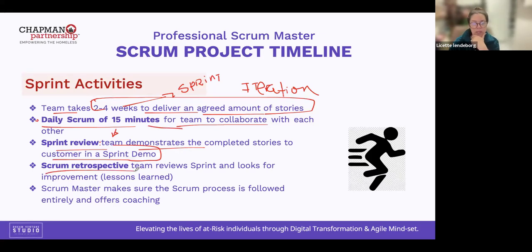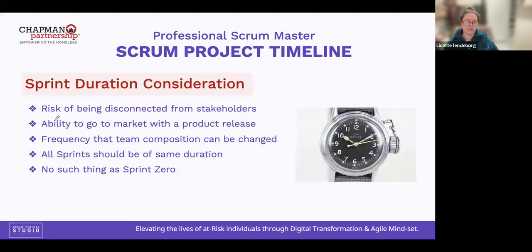The sprint retrospective is when we review the sprint to look for things to improve or lessons learned. The Scrum Master makes sure the Scrum process is followed entirely and offers coaching. Those are some of the sprint activities.